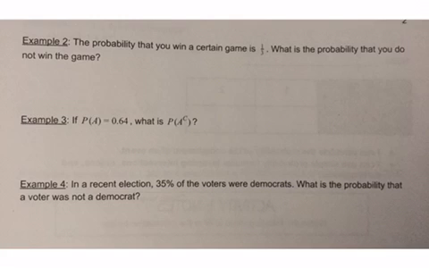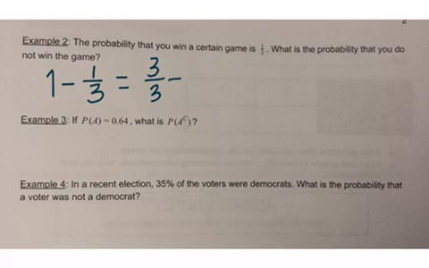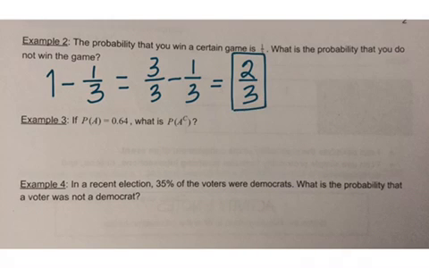So we can take 1 minus the probability that we do win, and that will give us the probability that we don't win. So what's 1 minus 1/3? 1 is really 3/3. So what's 3/3 minus 1/3? Subtract the numerators: 3 minus 1 is 2. Keep the denominator the same. So 2/3.